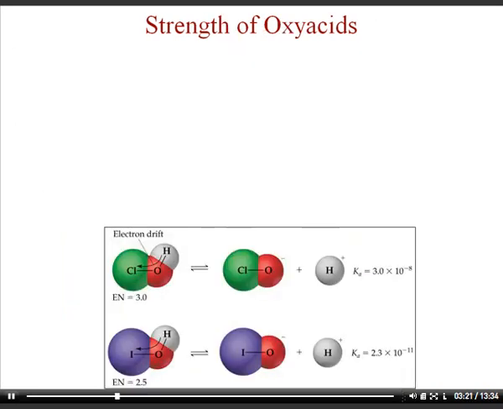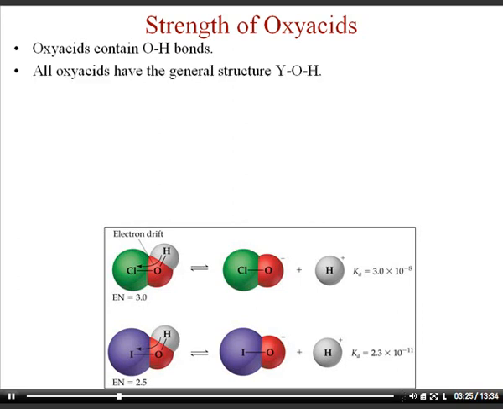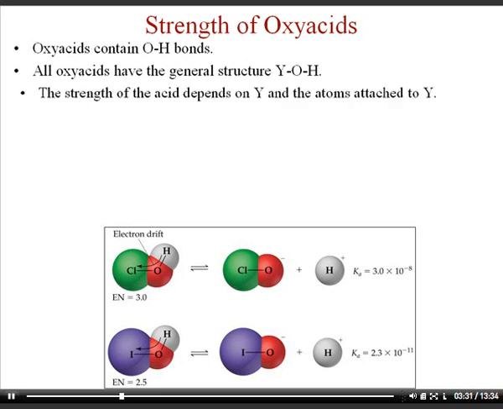Now, the strength of oxyacids, we're going to look at the formula of Y bonded to O bonded to H. So oxyacids have a hydrogen-oxygen bond. Again, we want that hydrogen to fall off into the solution as a positive ion, as a hydrogen ion.